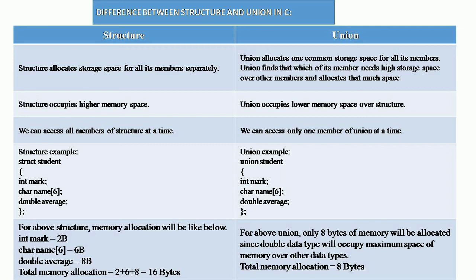But in union, only one member can be accessed at a time. In structure, all members can be accessed at a time, but in union you only see one member. One member means you can access only one member of a union at a time.